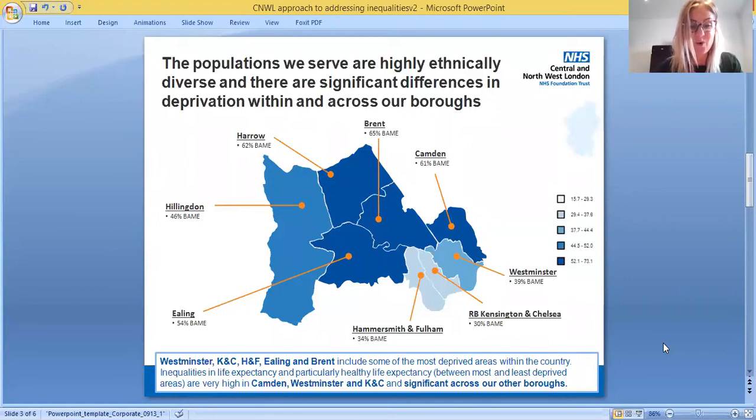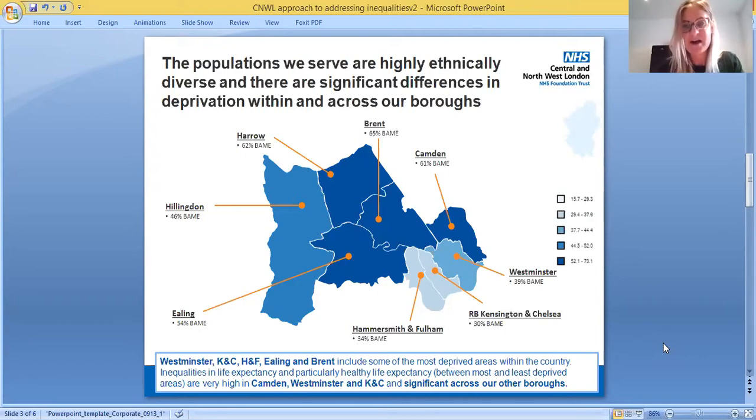And the inequalities in life expectancy, particularly healthy life expectancy, are very high in Camden, Westminster, Kensington, Chelsea, and significant in our other boroughs. So we serve very diverse communities, and we therefore know that we have a role not just for our staff that work with us, but for the communities that we work and serve.